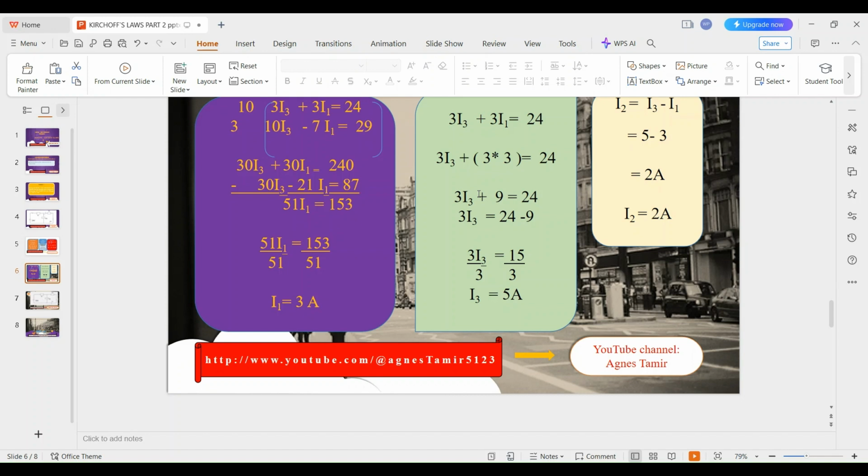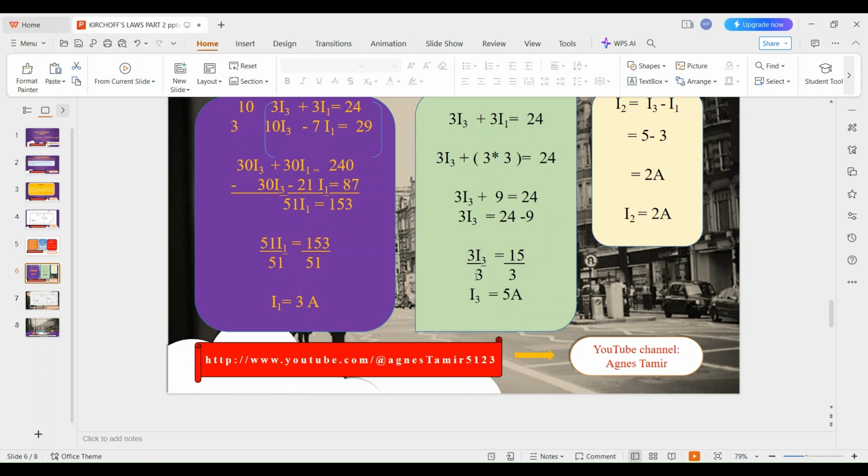Now let's take 9 to the other side. We shall have 3I3 is equal to 24 minus 9. When you take your calculator and take 24 minus 9, you will have 15. Therefore, 3I3 is equal to 15.